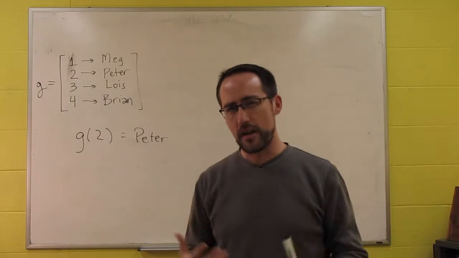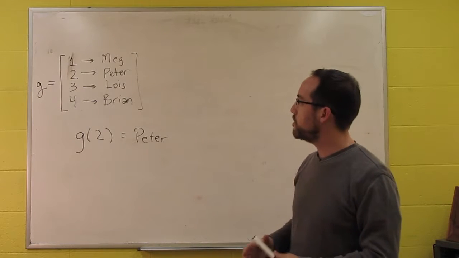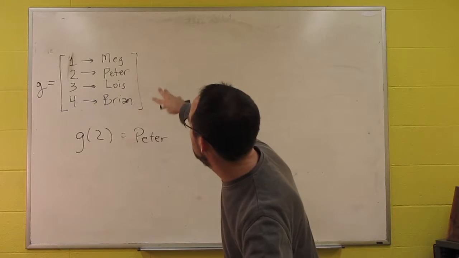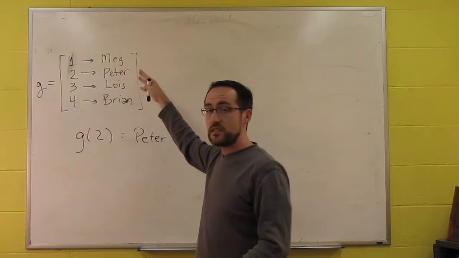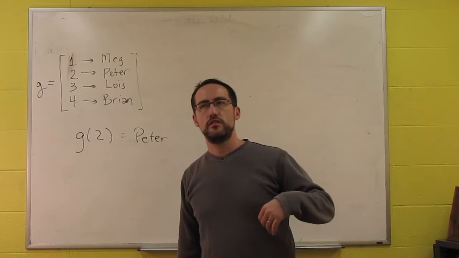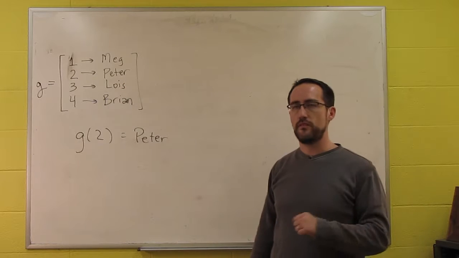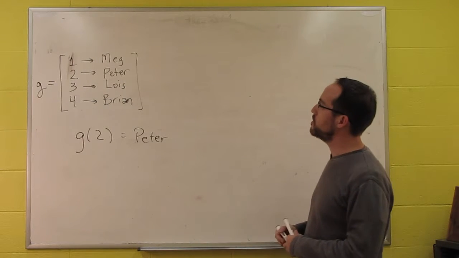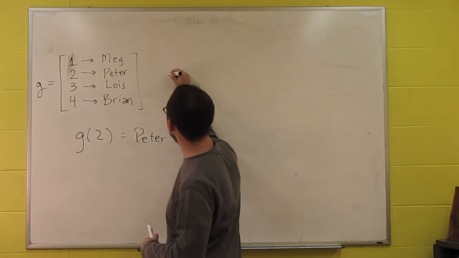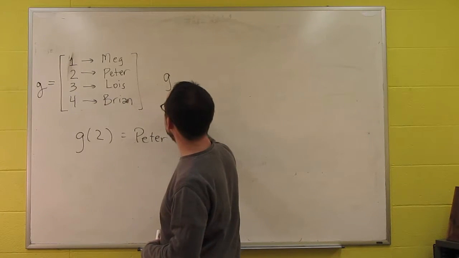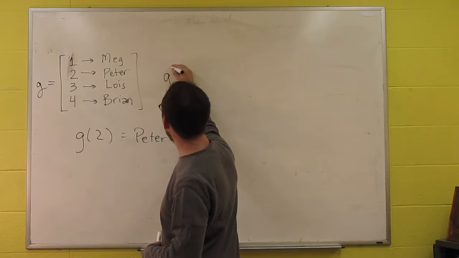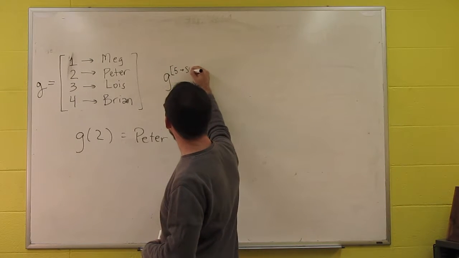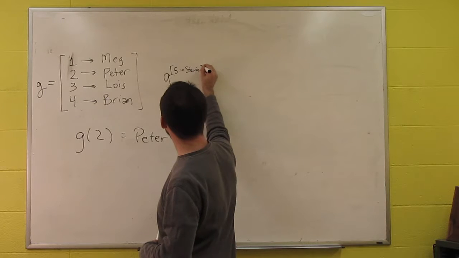So how does a modified assignment work? Well, a modified assignment will take this assignment and change one of its assignments or add to it. So let's say that we take an assignment G modified so that 5 maps to Stewie.